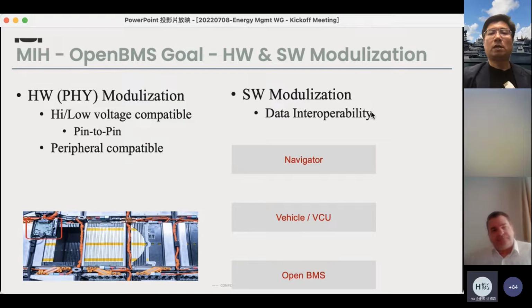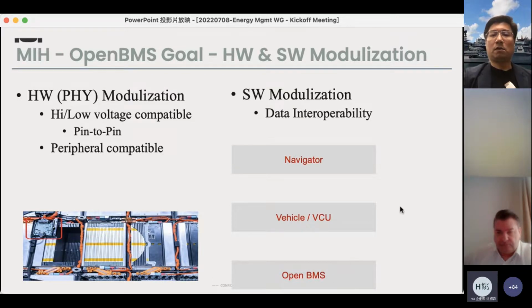And in software modularization, we are working especially on data interoperability. Right now, if you want to improve the efficiency of BMS, for example to calculate the SOX, state of everything, it mainly relies on the information in the battery itself, like in the cell or in the pack.